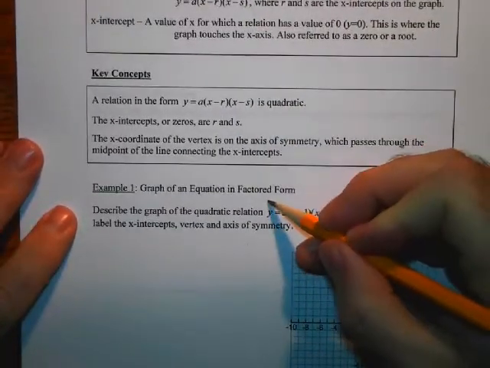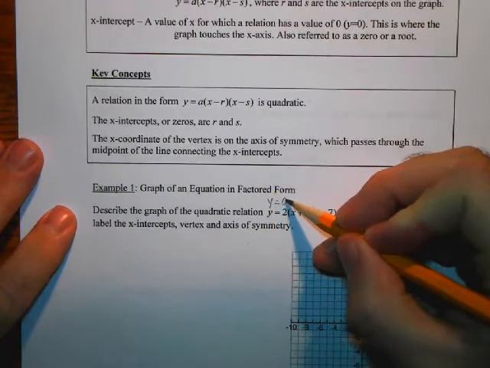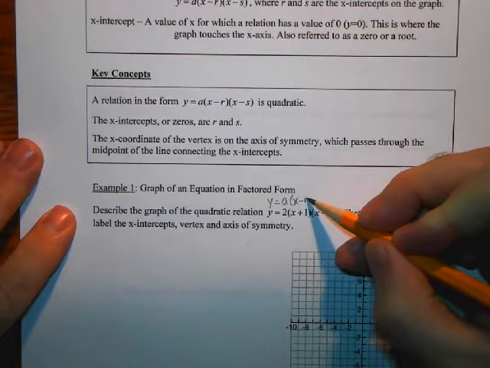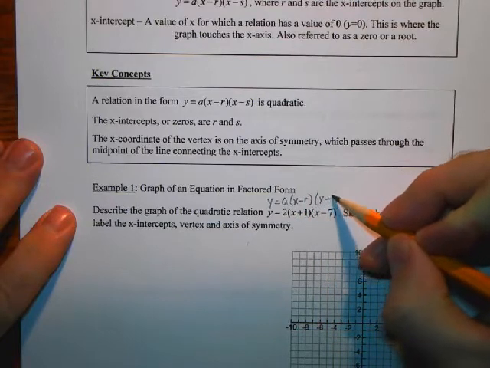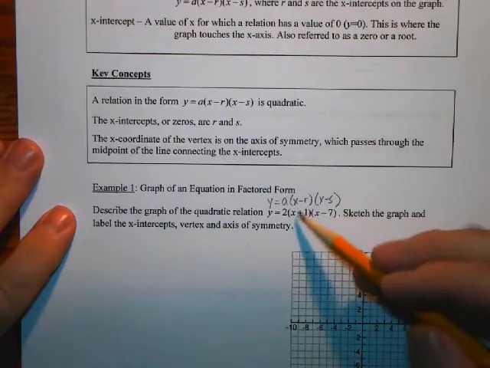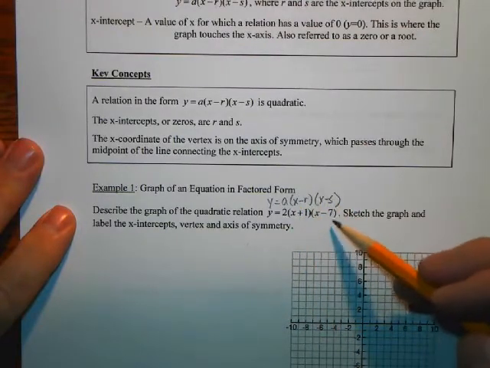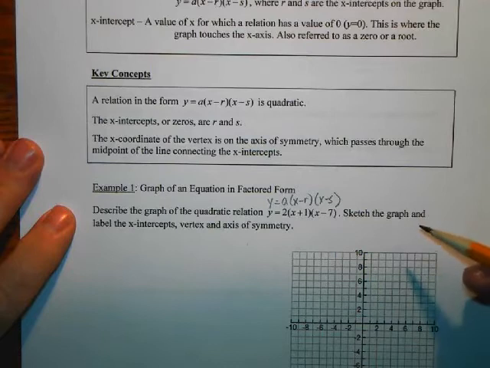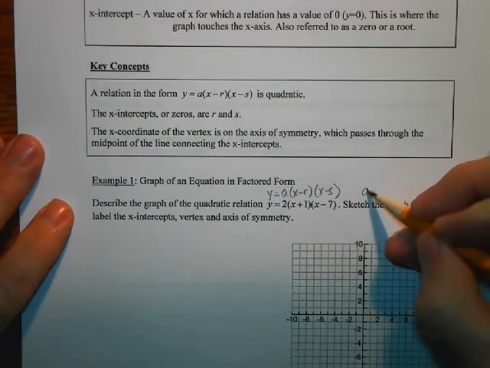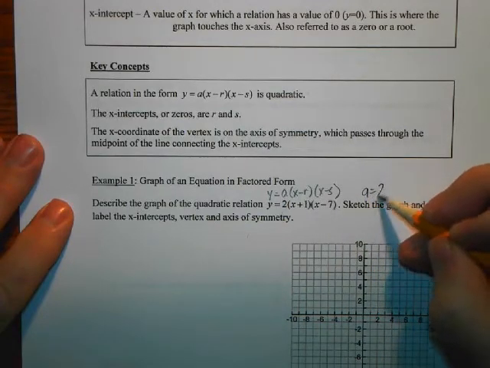So if I just wrote the template above here, it's y equals a bracket x minus r bracket x minus s. So if we can figure out what r and s would have to be for it to become this equation, then we've got ourselves our x-intercepts. So the a value is very straightforward. The a value would be 2.